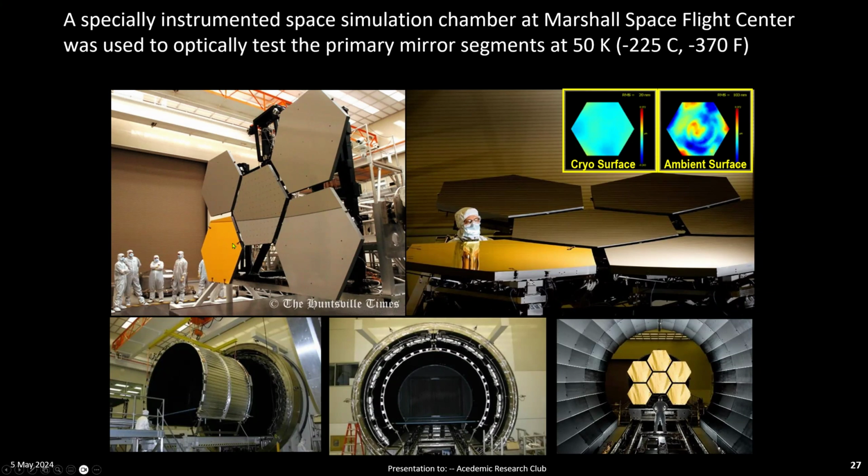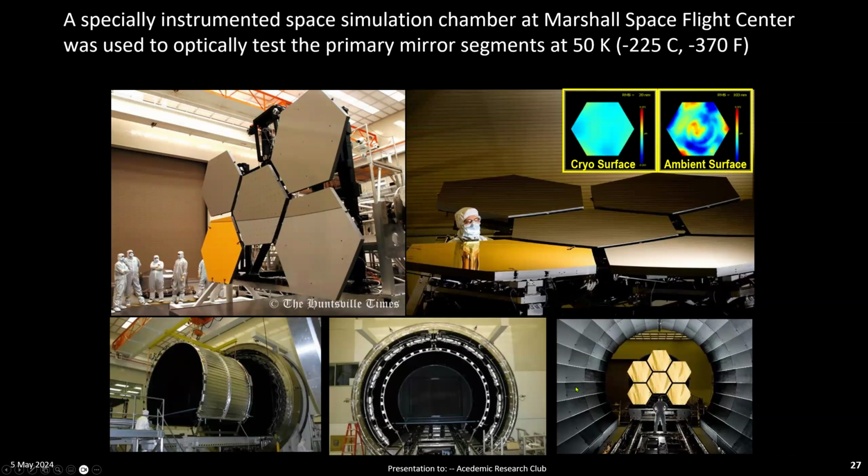And so we had to follow an iterative procedure in which we would polish the mirrors part way, put them into a specially instrumented space simulation chamber at Marshall Space Flight Center near Huntsville, Alabama. Then we would cool the mirrors down to their operating temperature, observe them with special optics test equipment to see how reality and the model are tracking to each other.